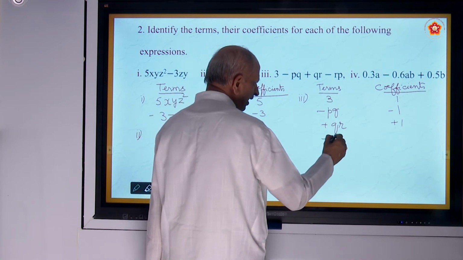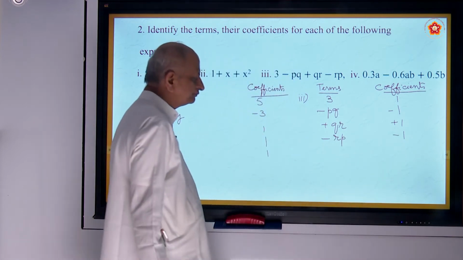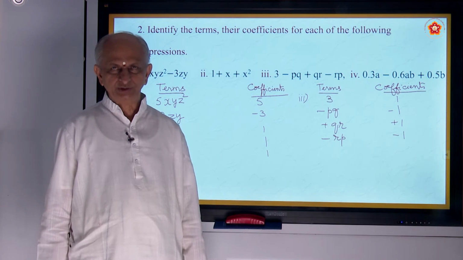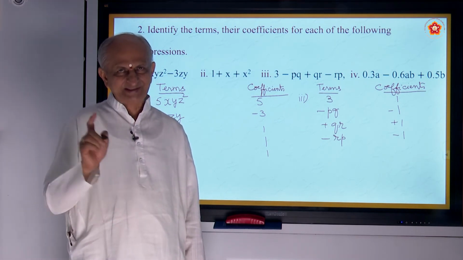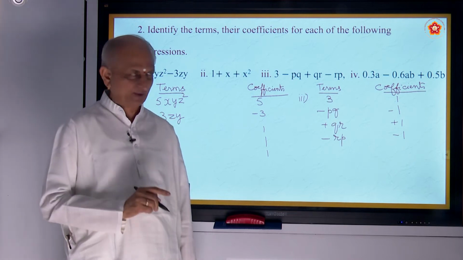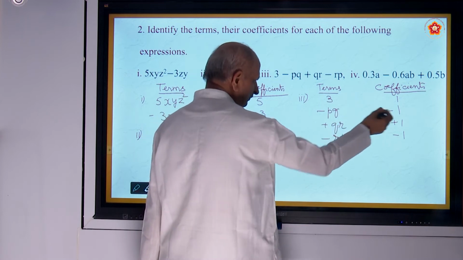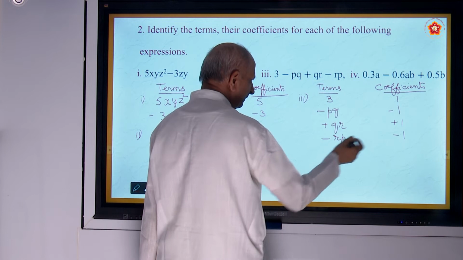Minus RP, coefficient is minus 1. So even though 1 is not given, it is understood. In algebra, if you say A, it means 1A. X squared means 1x squared. 1 is understood. So this PQ is multiplied by minus 1, QR is multiplied by plus 1, RP is multiplied by minus 1.